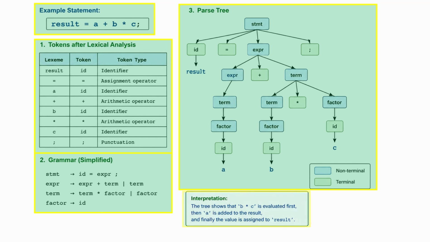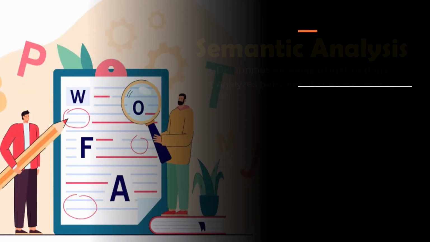An important observation here is that B times C is grouped together under the multiplication operation before being added to A. This shows operator precedence: multiplication happens first, addition happens next, and the final result is then assigned to the result identifier. So the parse tree visually explains how the compiler interprets and organizes the statement internally before execution or code generation.